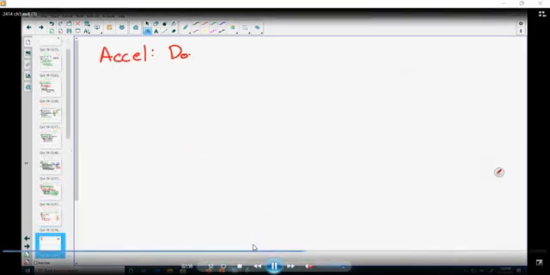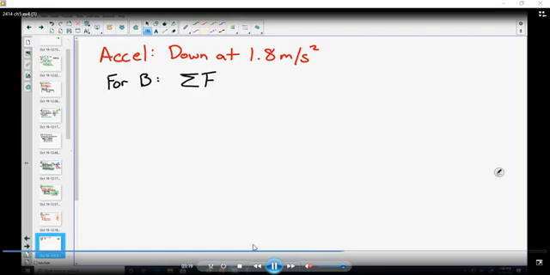So if it's accelerating downward, to find the tension in cable B, we're just going to set up the sum of the forces is equal to the mass times the acceleration. So again, the forces on B are just the tension minus the weight of B. However, in this case, we can set it equal to the mass of B times its acceleration.